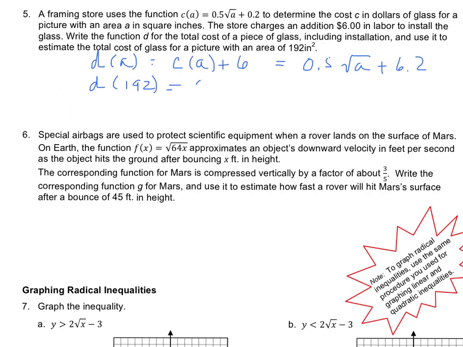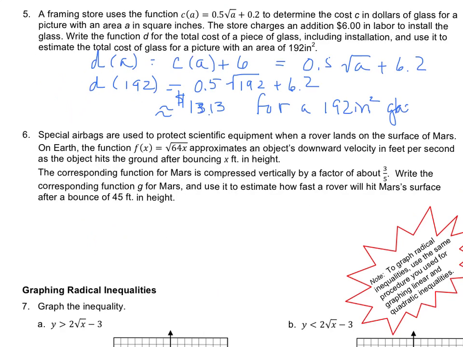So we know that that is 0.5 times the square root of 192 plus 6.2. And that gives us a cost of approximately $13.13. And that is for a 192 square inch piece of glass, and that includes the installation.